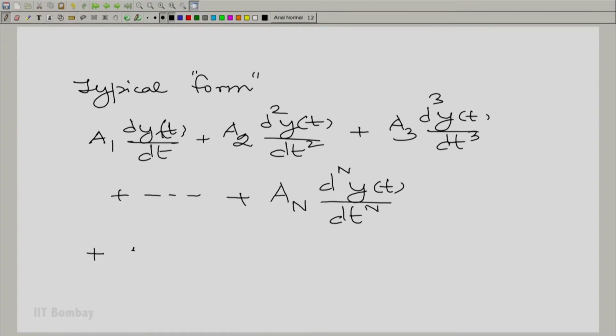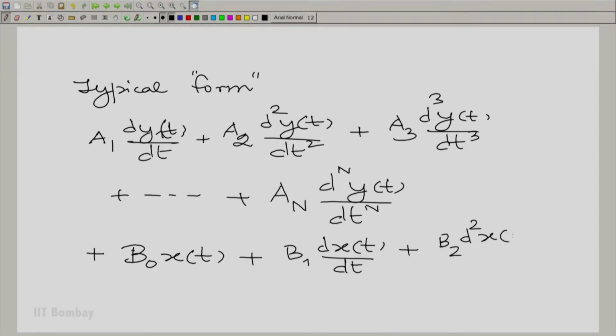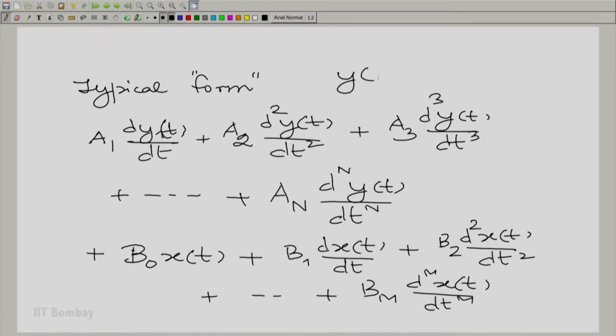So, you could have, let us say, B0 times x(t) plus the first derivative multiplied by a suitable constant. All this is equal to y(t). So, y(t) equals all of this. This is a typical form.